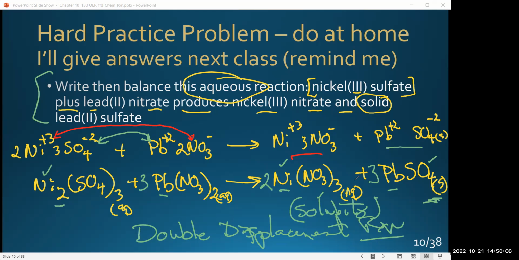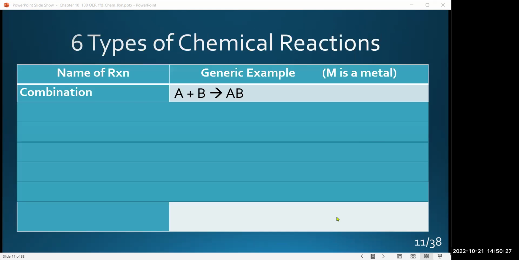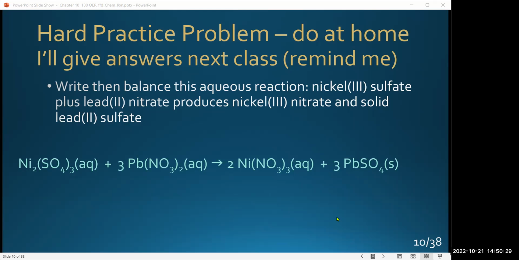Anytime you burn something, that's a combustion reaction. We'll give you more details on that in a bit. And then that just leaves us with one type of reaction to tell you about. All right, let me clear up my mess here. So there's the reaction, all balanced and ready to go.